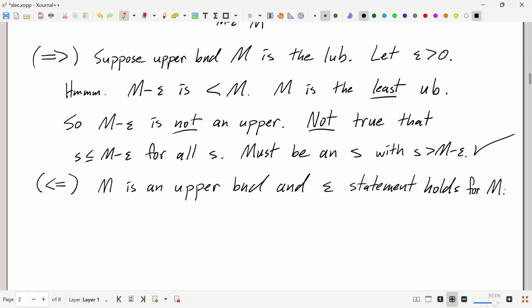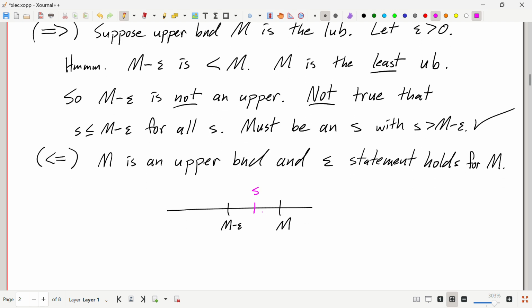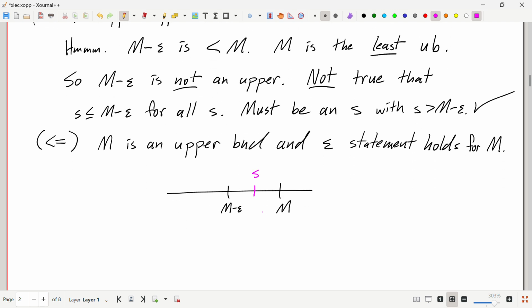I'm looking at my picture again. There's an M. There's an M minus epsilon. And there's always an s stuck right here. I don't have an M minus epsilon yet.